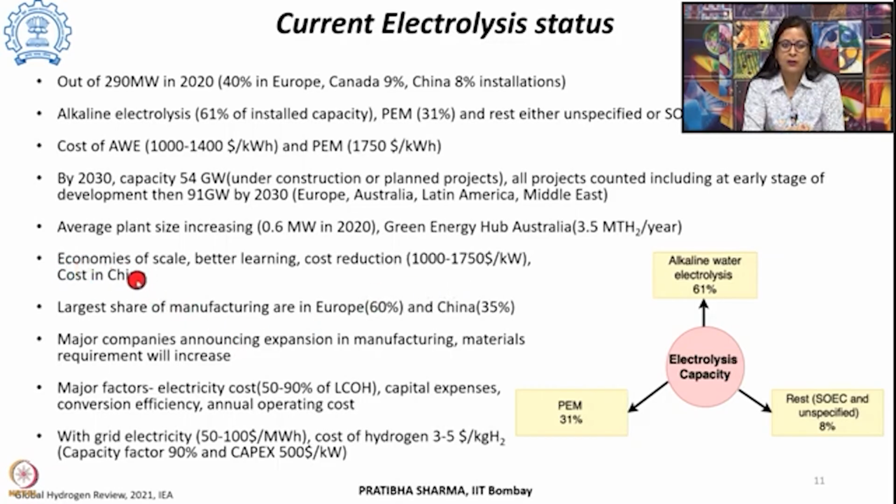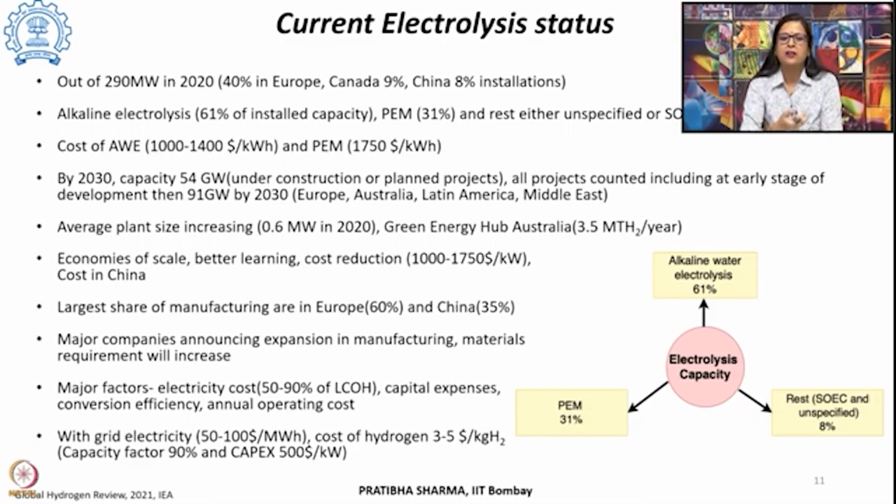Now, out of the major manufacturing going on globally, the largest manufacturer is Europe with 60% of the manufacturing capacity, China being the second with 35% manufacturing capacity, and now there are several major companies which are entering into expanding their manufacturing capacity of electrolyzers like the Thyssen Group, ITM, Cummins, NEL Hydrogen.